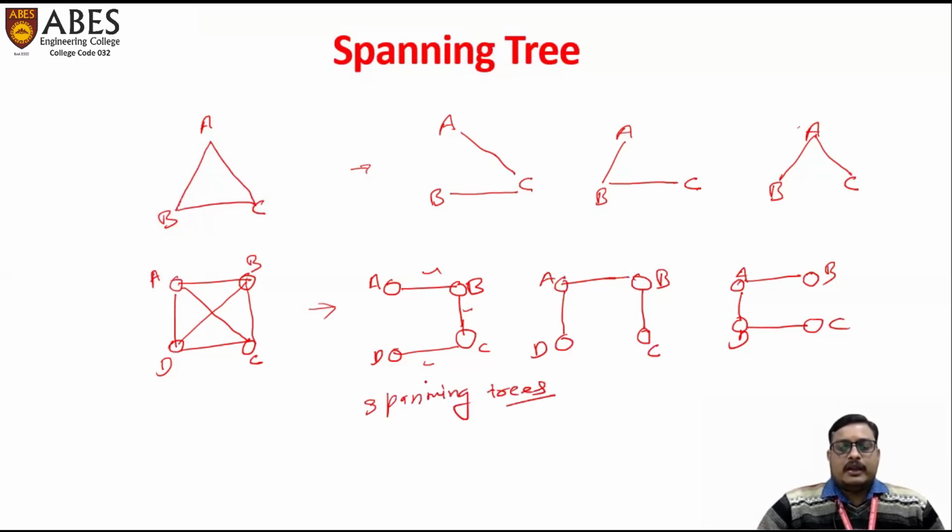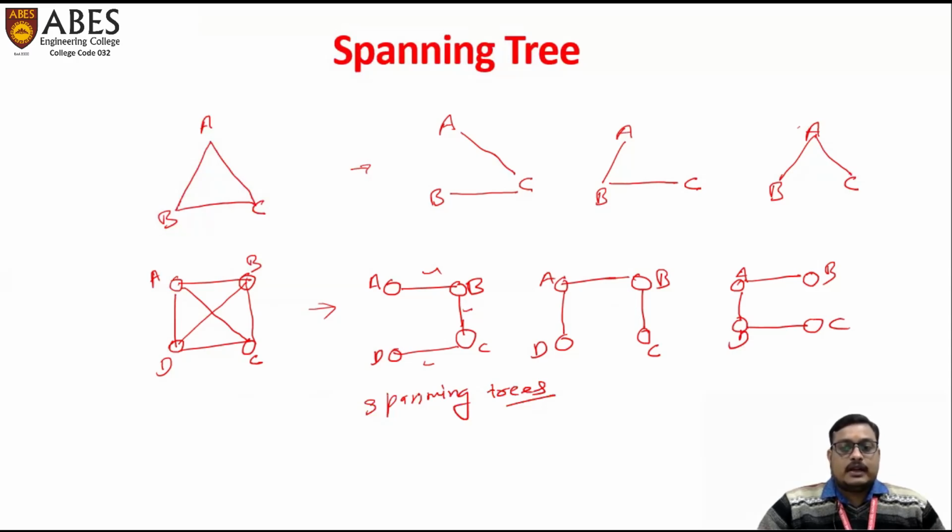So basically, a spanning tree is a subgraph of a graph in which the minimum number of edges of the graph are used to connect all the vertices of the graph.